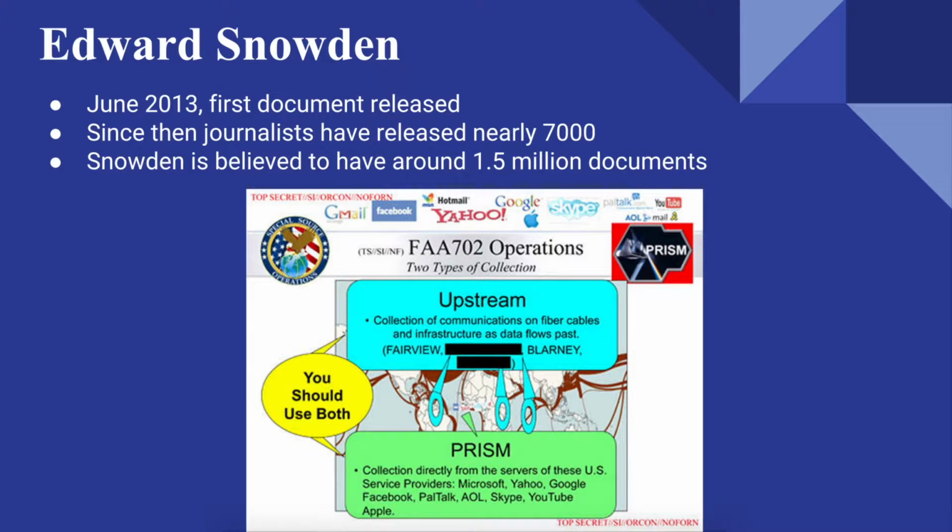You have two types of surveillance methods, the first being upstream, which is collection of communications on fiber cables and infrastructure as data flows past, and PRISM, which is collection directly from the servers of these U.S. service providers: Microsoft, Yahoo, Google, Facebook, Paltalk, AOL, Skype, YouTube, and Apple. Basically, all your big companies that deal with data of customers and U.S. citizens. And what this allows them to do is see all of your records and know pretty much everything about you.